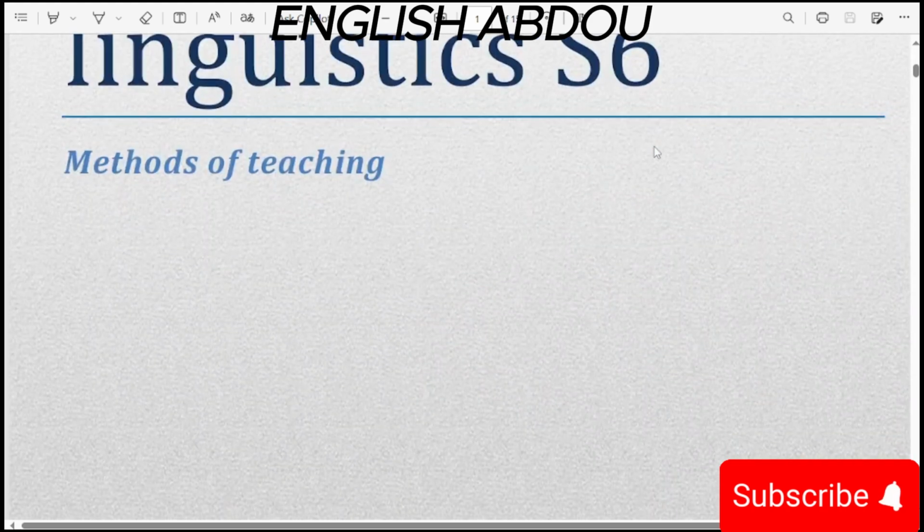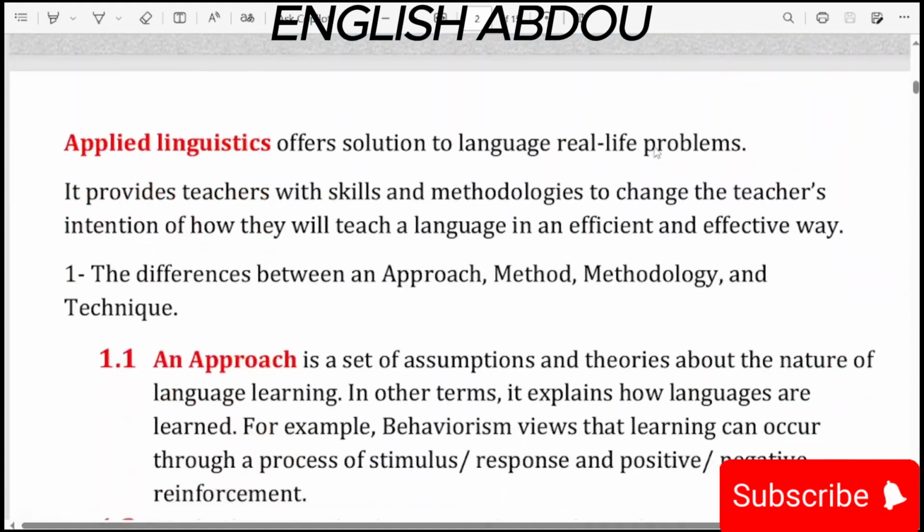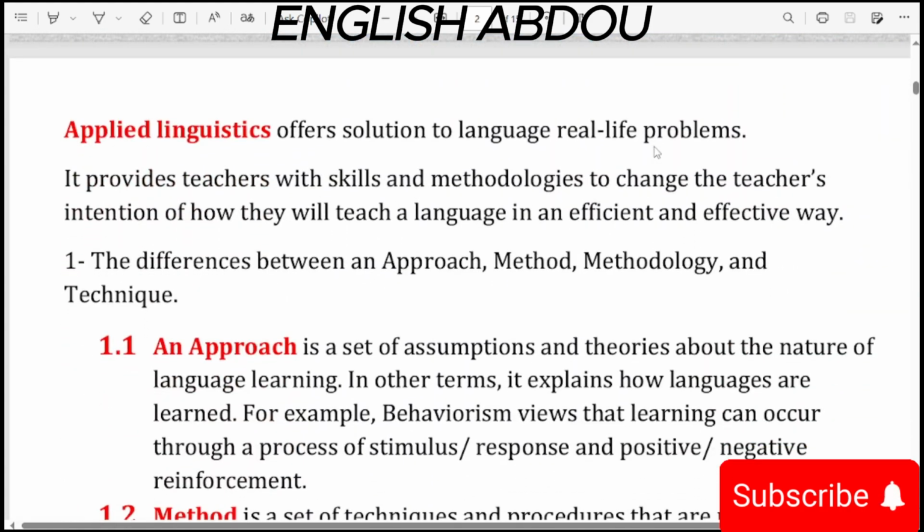And now, what is applied linguistics? These are some definitions about it, but you have to know the history of applied linguistics, in general, and you have to know what ELT is, or the history of ELT in Morocco.